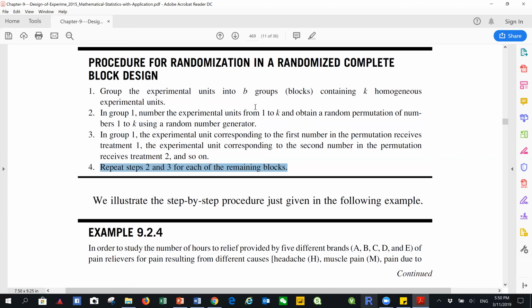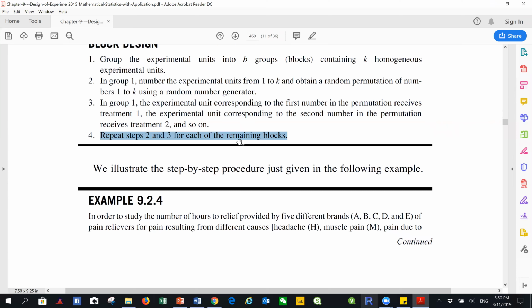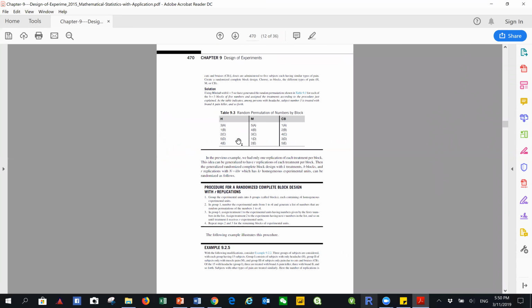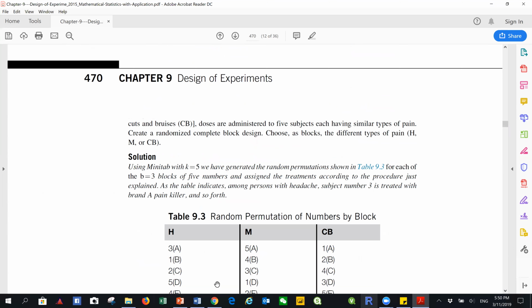Then we do the randomization within each block. So instead of randomizing all the N experimental units in a completely randomized way from 1 to capital N, where of course N equals B times K, we do the randomization within the block, and then block by block we do the same thing.